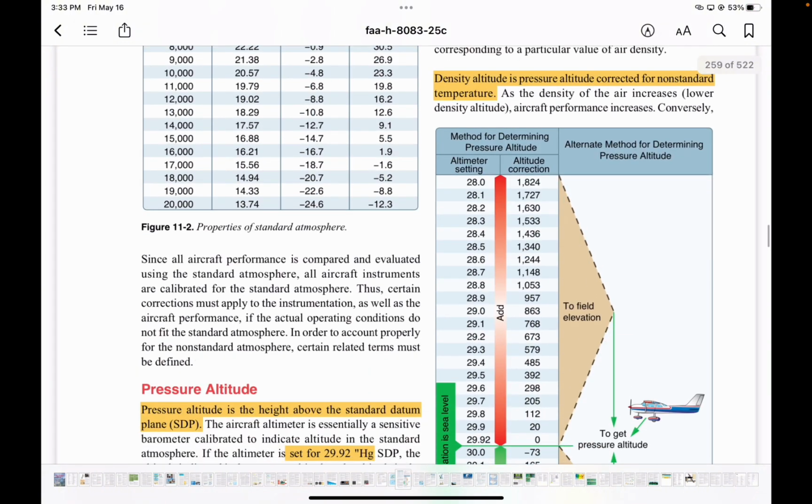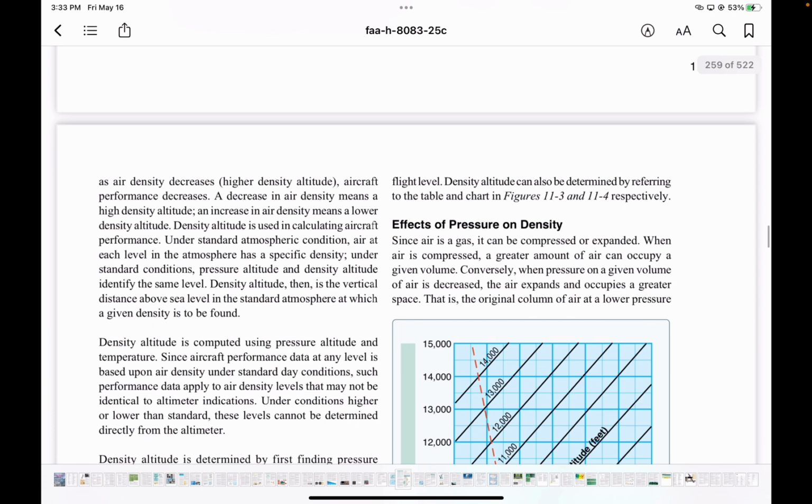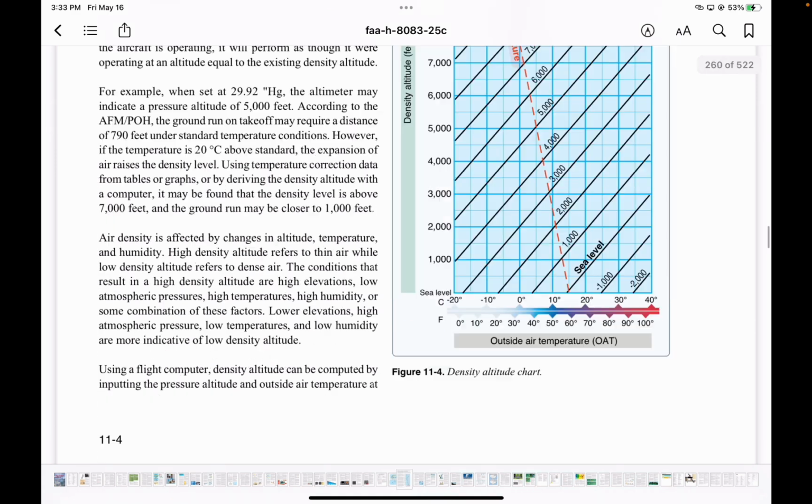So that is why we care about these things. Okay, I suppose I would need to teach you how to calculate density altitude now. And I will, we'll get to that. We will do practice questions.